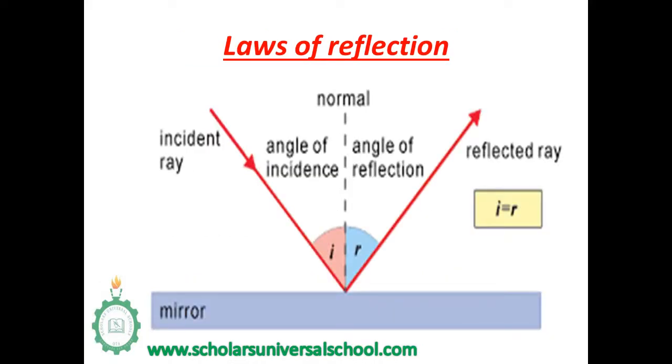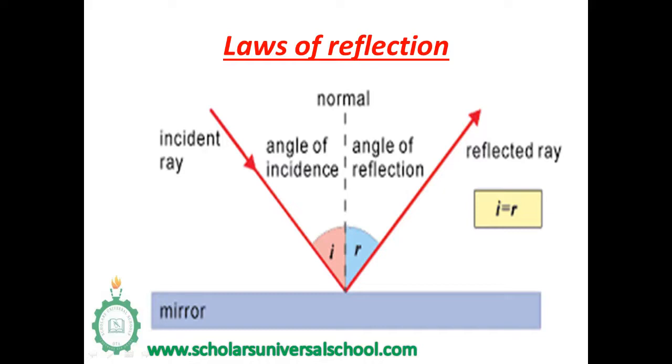You can see this diagram where you have a ray incident on a mirror. This ray incident on the mirror has been reflected to give this. The ray that first hits the mirror is the incident ray. The final ray that is given off after the reflection is the reflected ray.